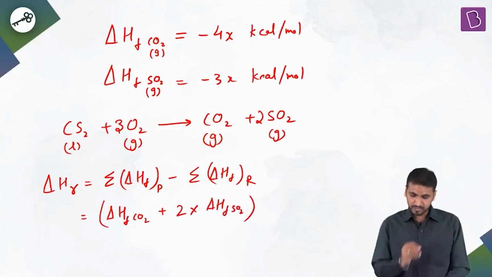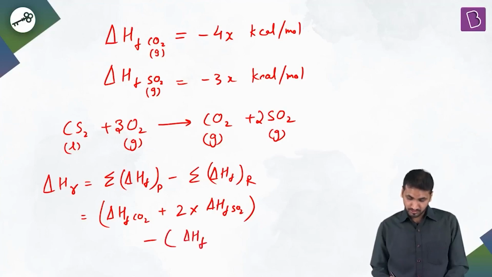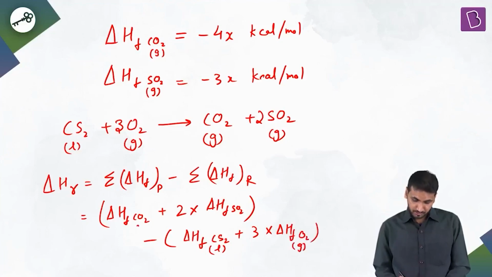Right, this is your product. And the reactant side will be minus delta H formation of CS2 liquid plus 3 into delta H formation of oxygen gas. And you have CO2 gas here, SO2 gas here.